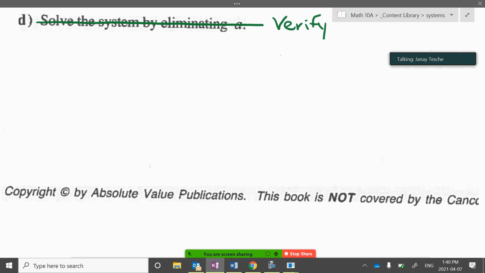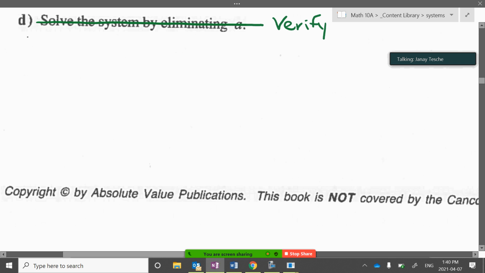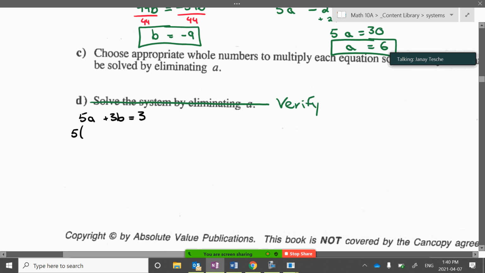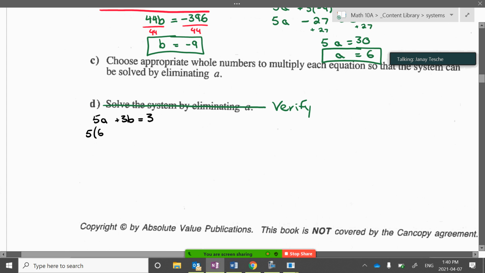So let's go into our original equation. So 5a plus 3b equals 3. If I plug them in, a was 6. We should get the answer of 3. 5 times 6 is 30, plus -27.